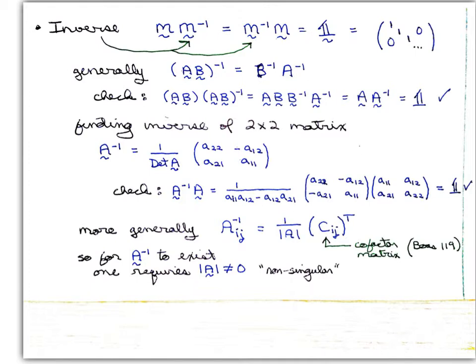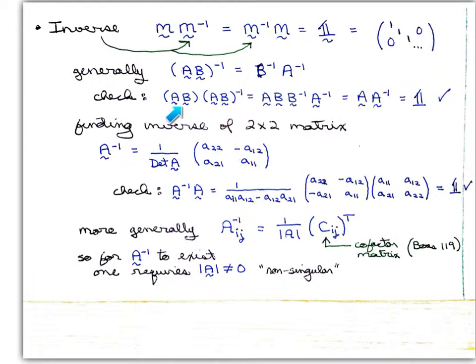Generally speaking, if you have two different matrices and you take the inverse of their product, that is equal to the reverse order product of their inverses, as written here, and that turns out to be useful in various contexts. It's also fairly easy to prove. Here, let's assume it's true.